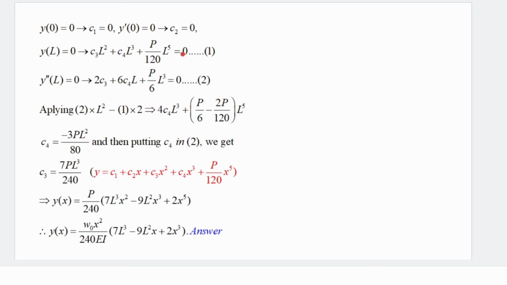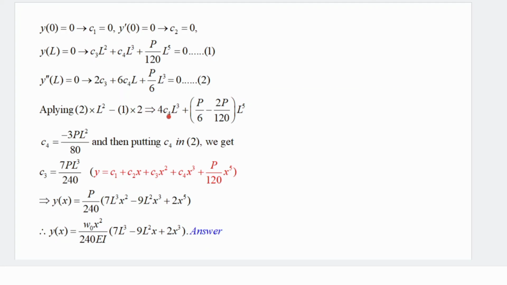When we multiply equation 2 by L squared, we can see that in equations 1 and 2 the coefficient of C3 becomes the same. So we multiply equation 2 by L squared, then subtract equation number 1 multiplied by 2.